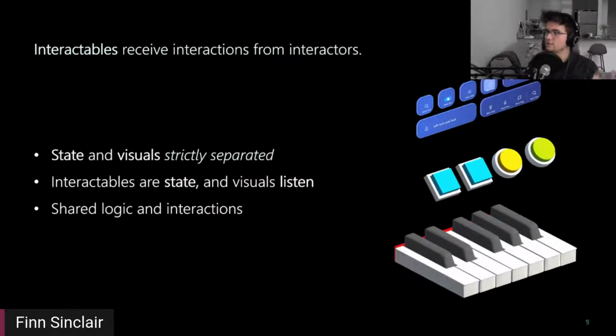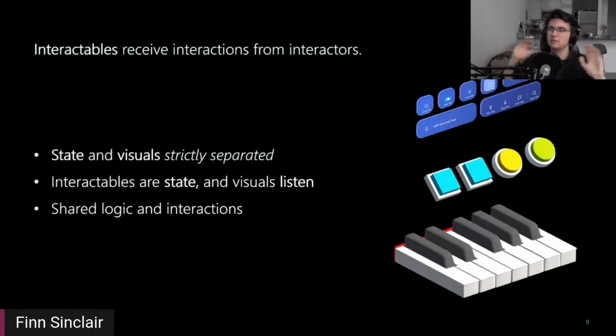In MRTK3, we split the two. We have a really big separation between the underlying state of an interaction and the visuals that are driven by that interaction. And we have this thing called State Visualizer that does that for you, but that's sort of beside the point. The main point here is that you can change what an interactable looks like.